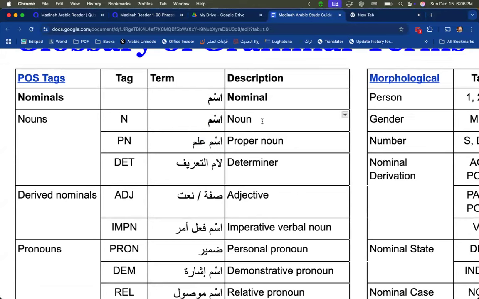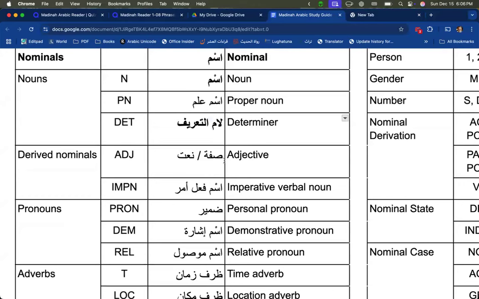So that's a noun, right? Then lam al-ta'rif. Does anybody know what that is? Putting the al, making something definite, is called lam al-ta'rif. So you guys know this as well. In English, it's called a determiner, something that makes something definite or indefinite.